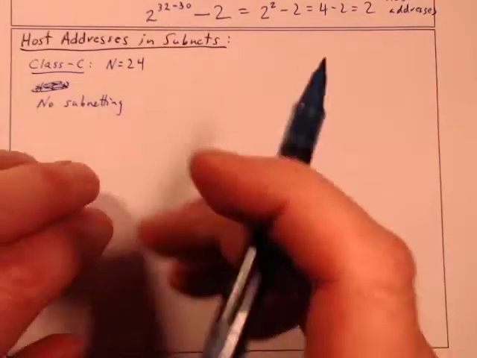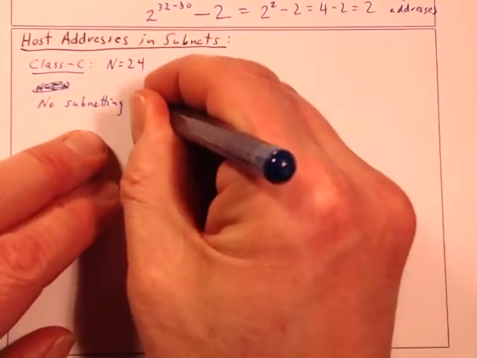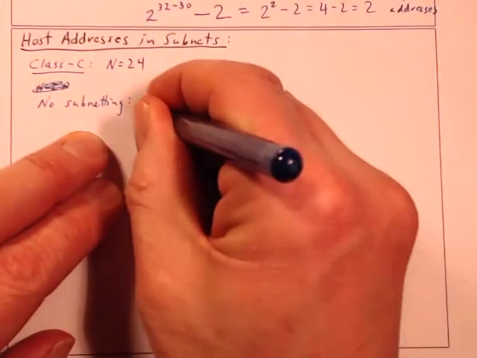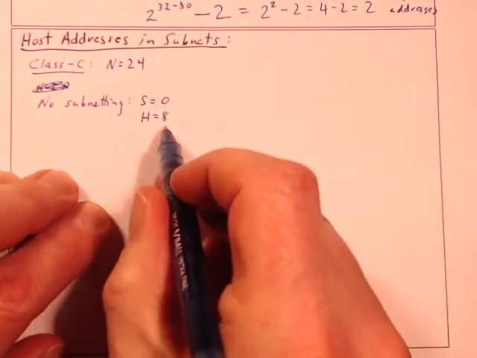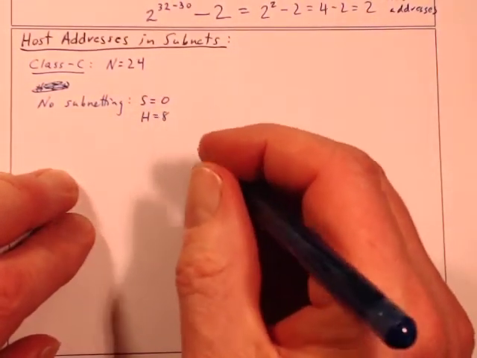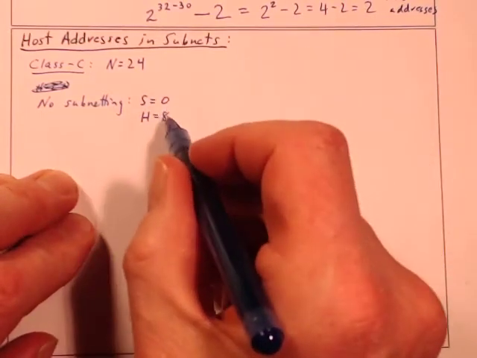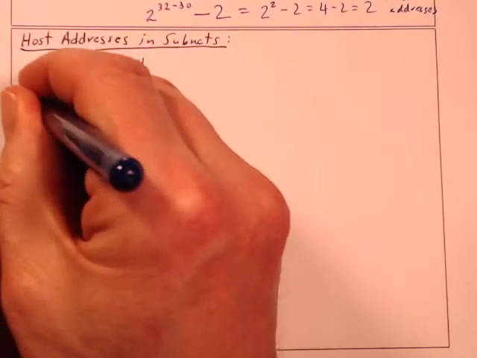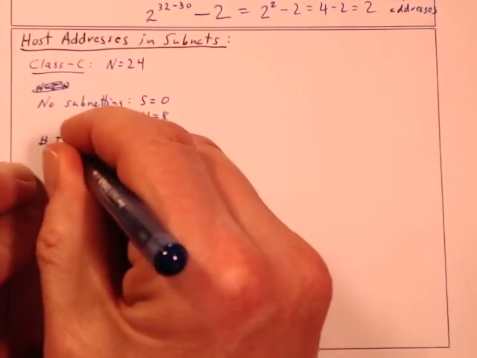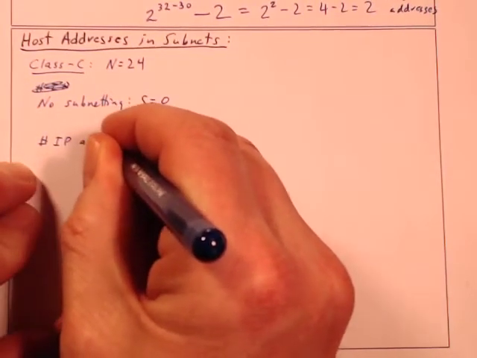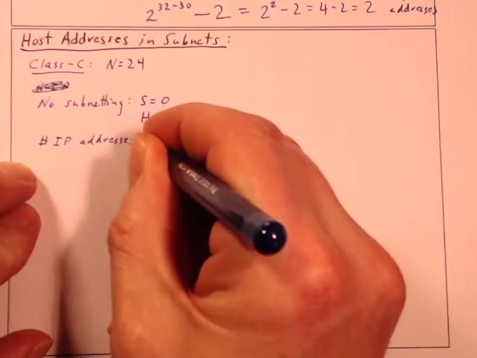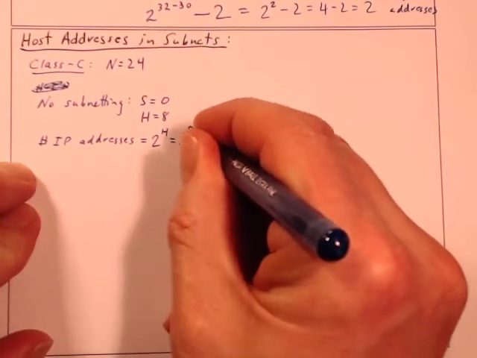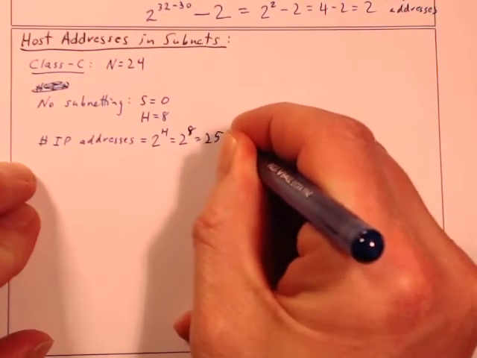In the case of no subnetting, we have 0 bits used for subnet IDs, and so H is 8, and I've got 2 to the 8th, or 256 available host addresses. So the number of IP addresses is equal to 2 to the H, 2 to the 8th, or 256.